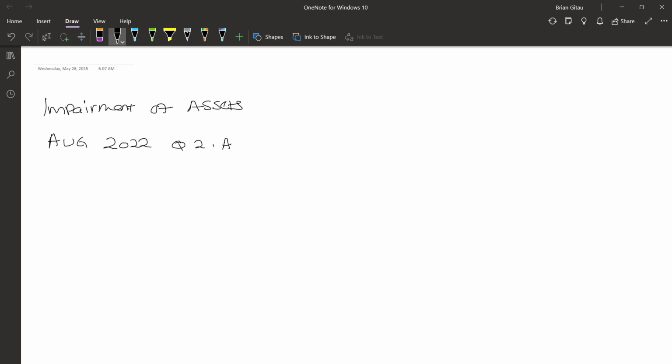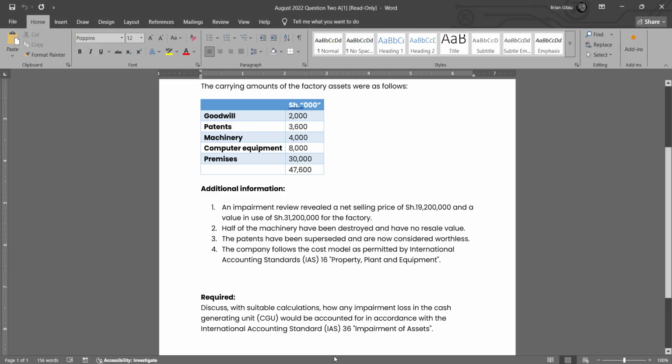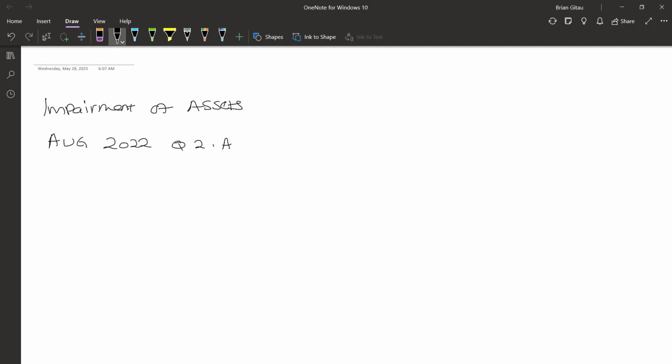Going back to the question, we are told in additional information number 1 that an impairment review revealed a net selling price of 19.2 million.